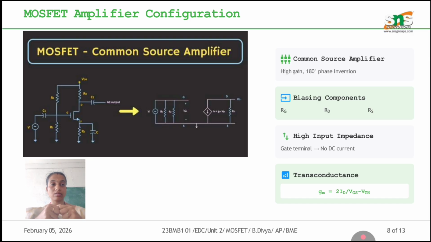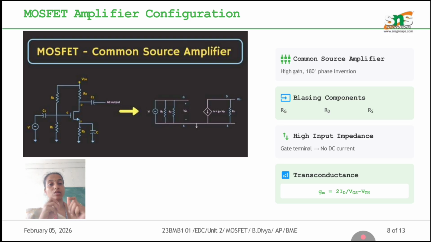The biasing components are RG, RD and RS, that is, the gate resistance, drain resistance and source resistance. For input impedance, the gate terminal is equivalent to no DC current, so we get a high input impedance.